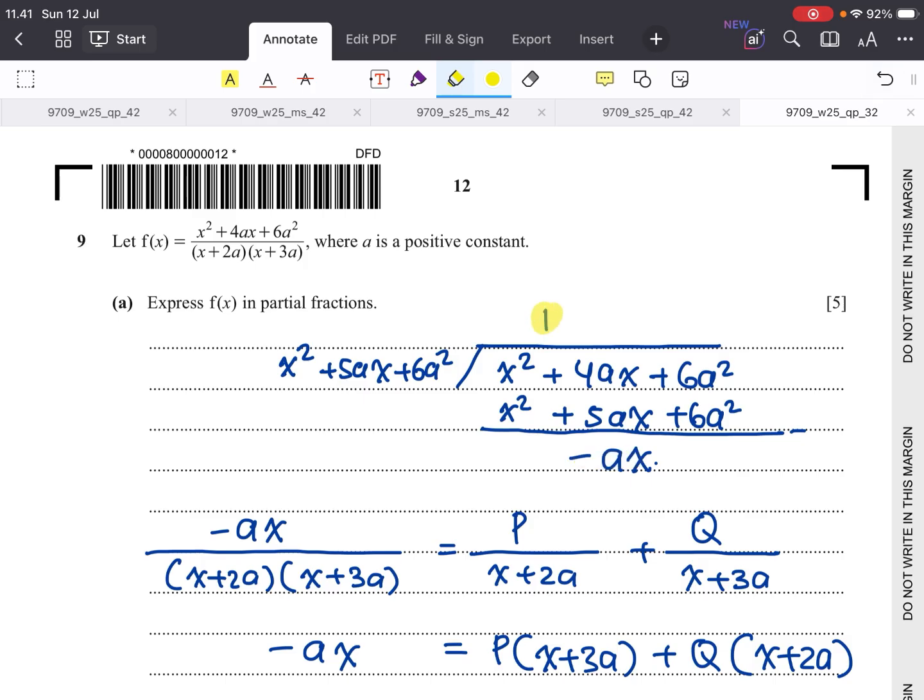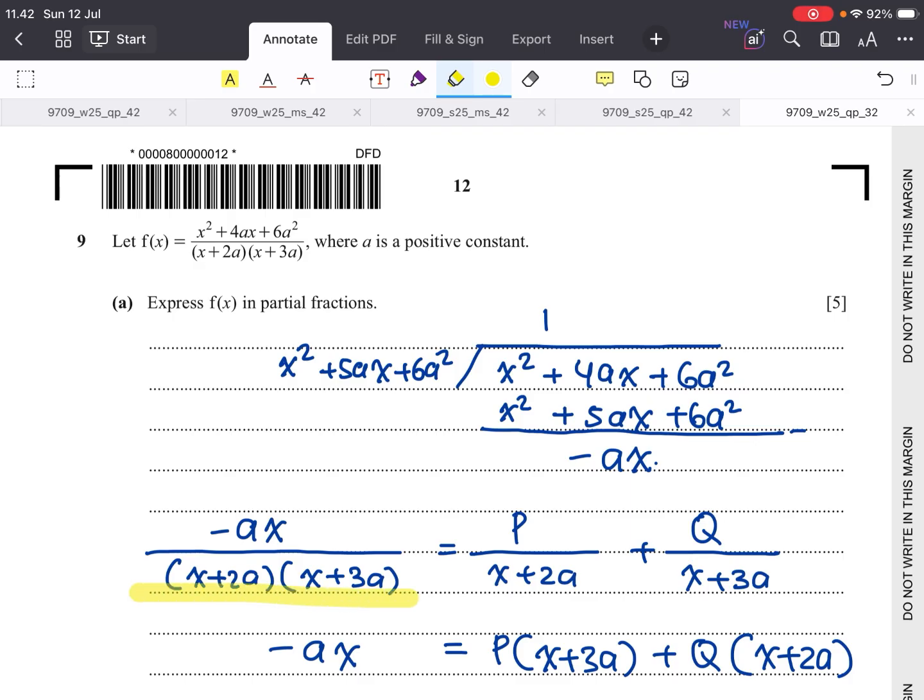So 1 is the quotient of the division and the remainder is minus ax. And then for the remainder, minus ax over x plus 2a times x plus 3a, it can be written in the form p over x plus 2a plus q over x plus 3a.